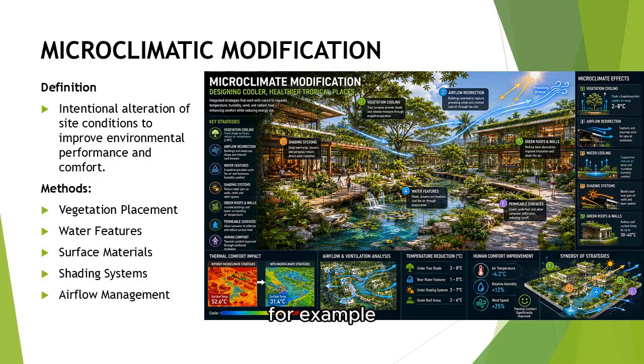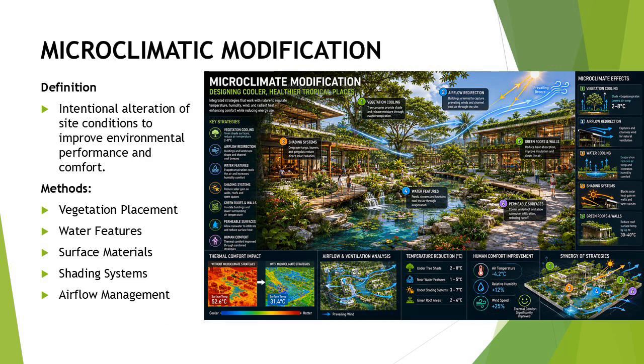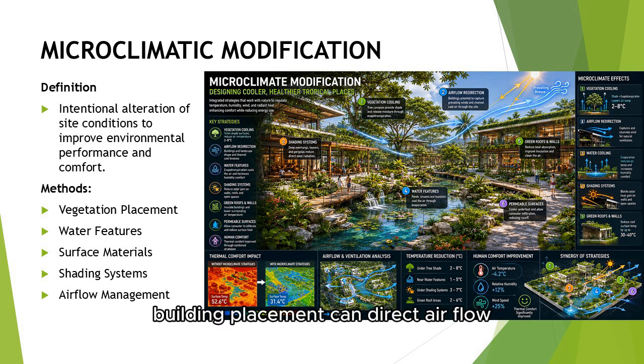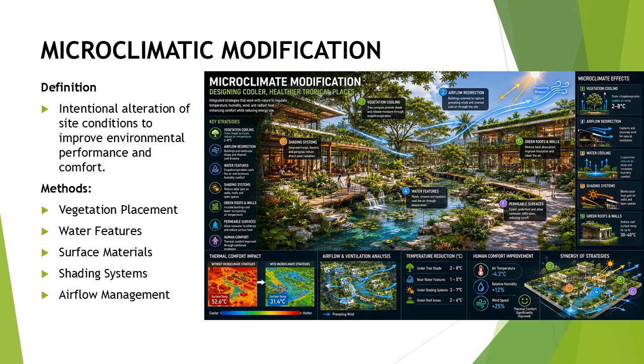For example, trees can reduce temperatures through shading. Water features can improve environmental quality. Building placement can direct airflow, and material selection can influence heat absorption.